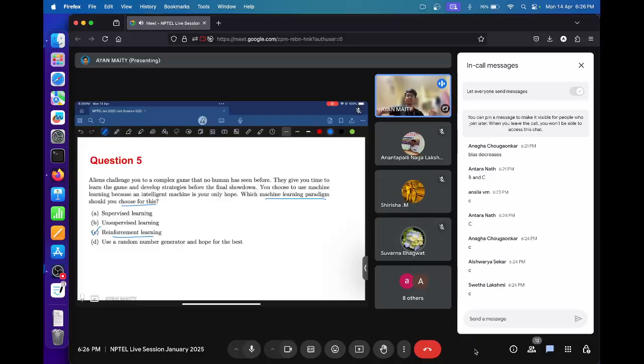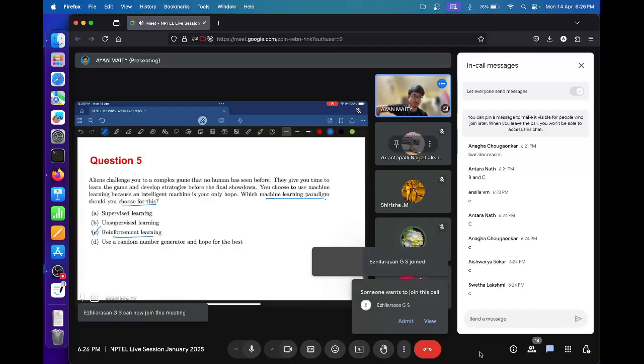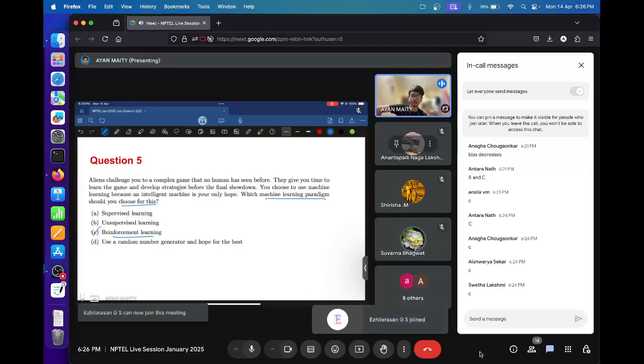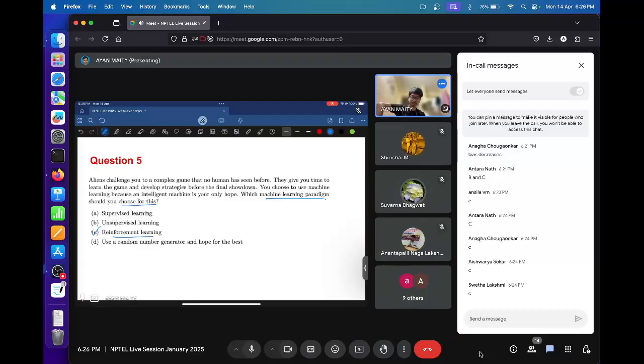That is what happens in reinforcement learning: the agent tries to explore the environment based on the rewards that it gets, and rewards are given based on the actions that it takes. Based on those reward or penalty values, it is able to learn how to maximize its total cumulative reward while playing the game. So reinforcement learning is the best suited paradigm for such a task.